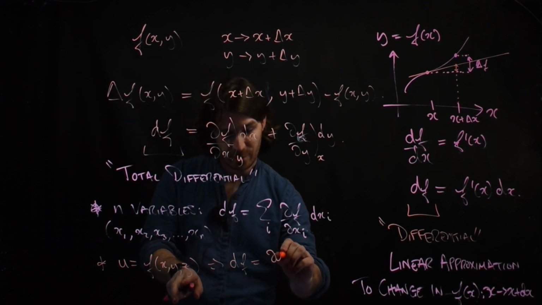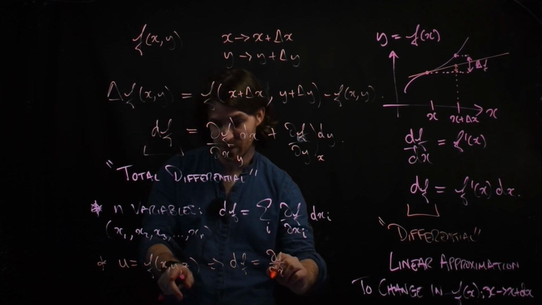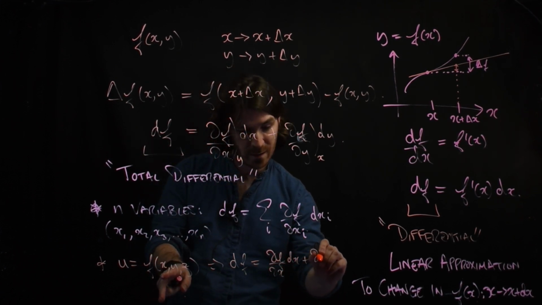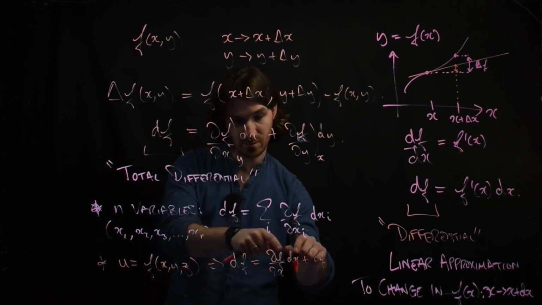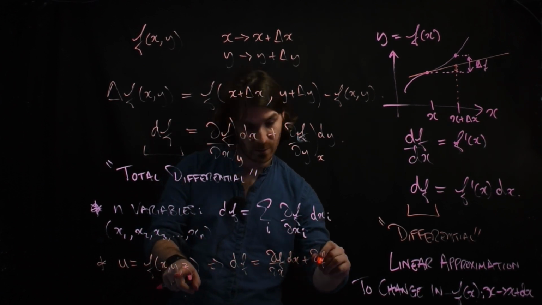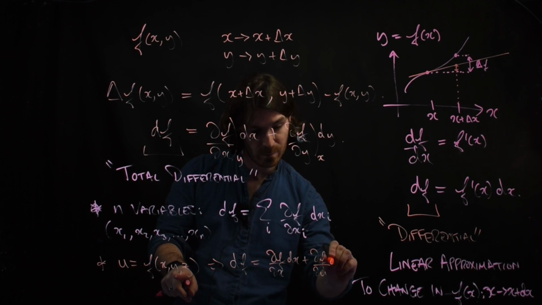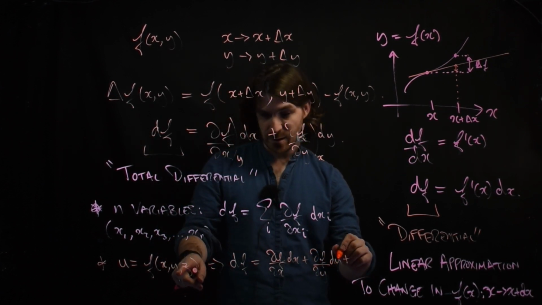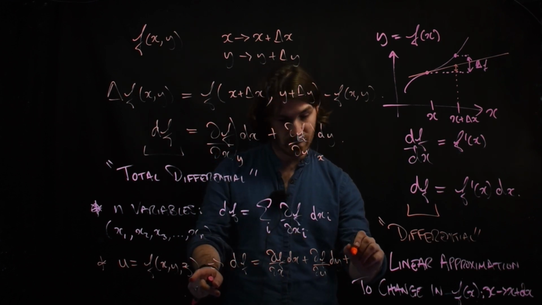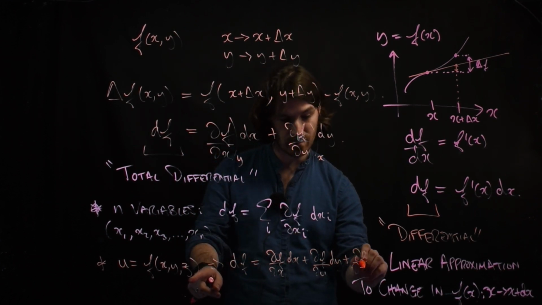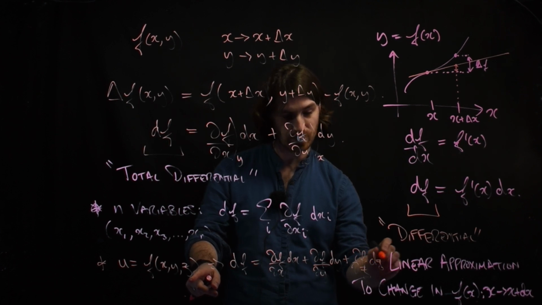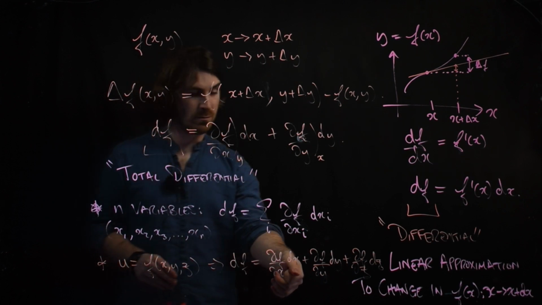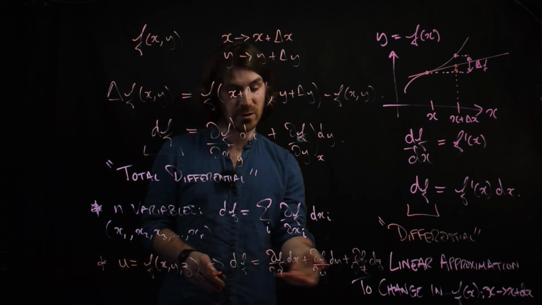So it's df by dx1, which is just x, the first thing, dx, plus df by dx2, which is y in our case, times dy, and then x3, so i equals 3, is df by dz, dz. So that's the expression for our total differential for a function of 3 variables.